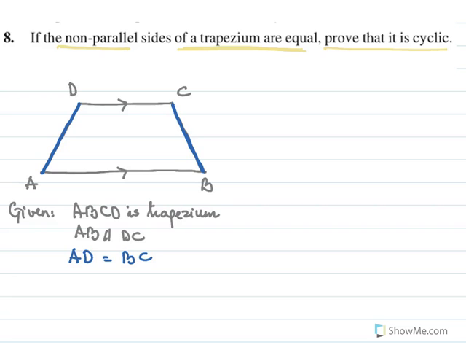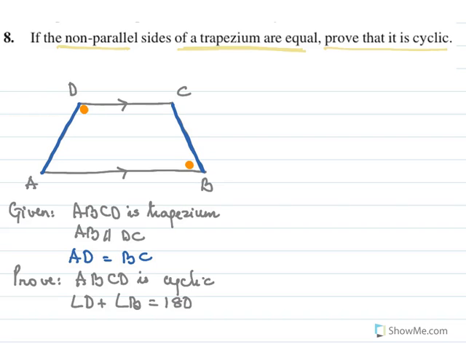We have to prove it is cyclic. Prove ABCD is cyclic. Now how do we prove it is cyclic? All we need to show is that angle D plus angle B is 180. So we just have to show that angle D plus angle B equals 180.